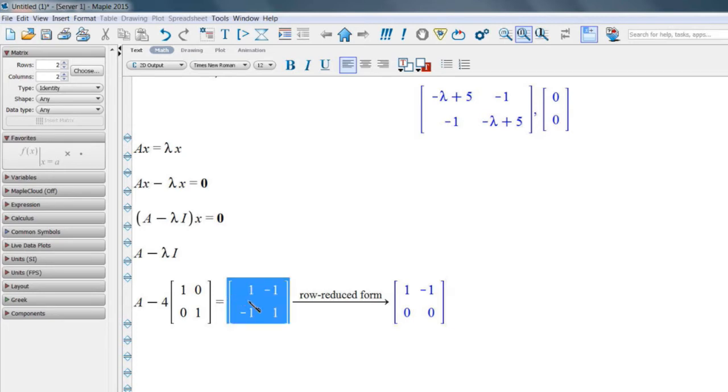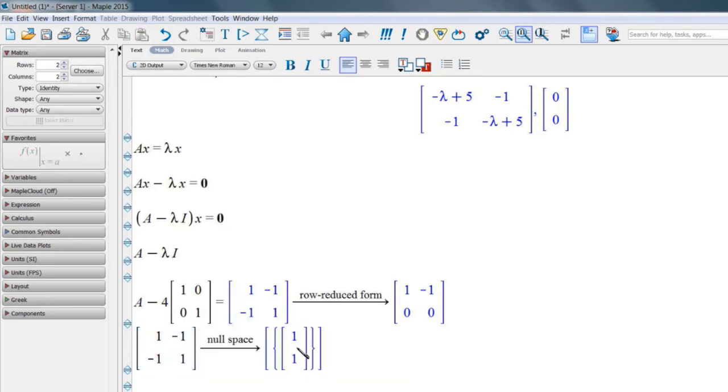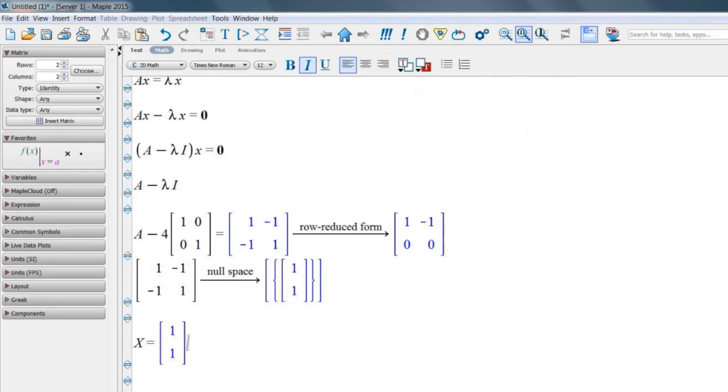You can get that null vector by having Maple give you a basis for the null space. And that vector is 1, 1. So how does this row-reduced matrix give you this vector 1, 1, which, if you remember, is the vector x? Well, you interpret this non-zero row as the equation a minus b equals 0, which means a equals b. And that's what this is, a equals b, where those constants are 1s.